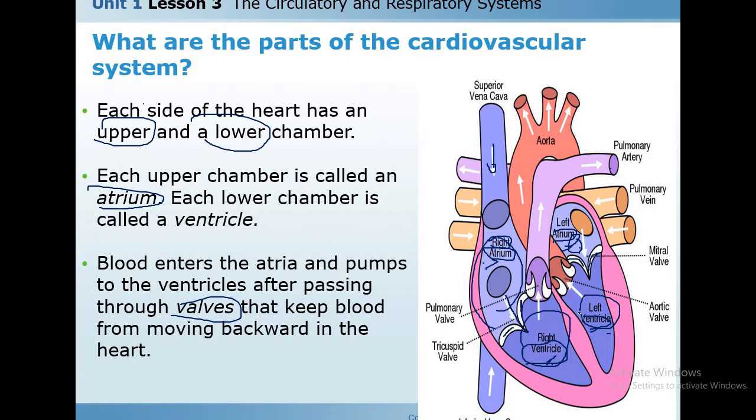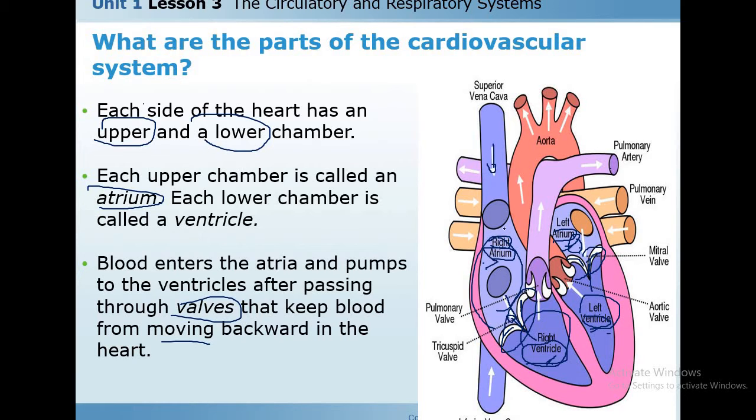So what is the importance of this valve? It prevents the blood from moving backward in the heart. It prevents the blood from returning backward.